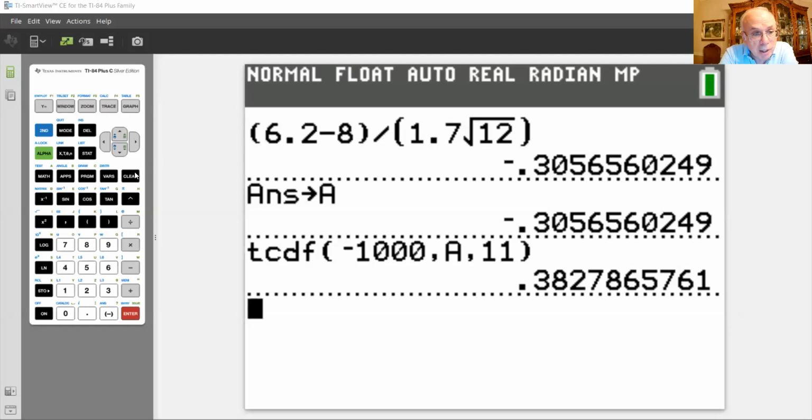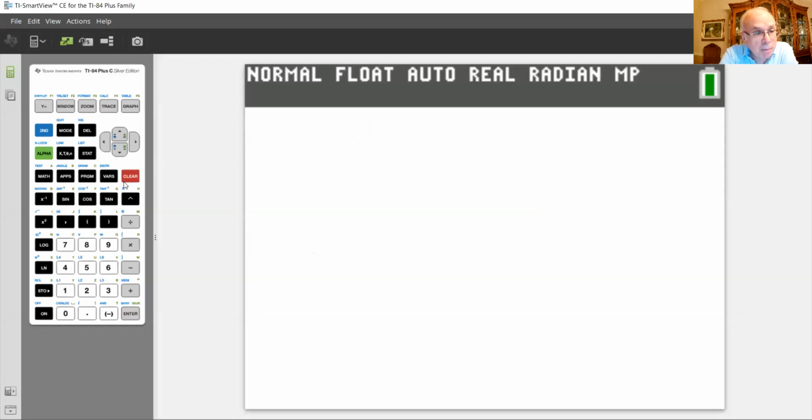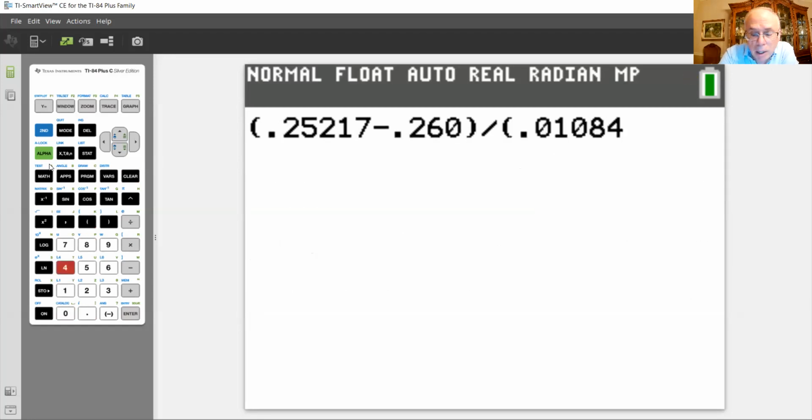Clear the screen. Calculate our test statistic. X bar, that's our sample mean, is 0.25217. Our hypothesized mean is 0.260, close parentheses, and divide by the sample standard deviation, 0.01084, divided by the square root of the sample size, which is 30, square root of 30.